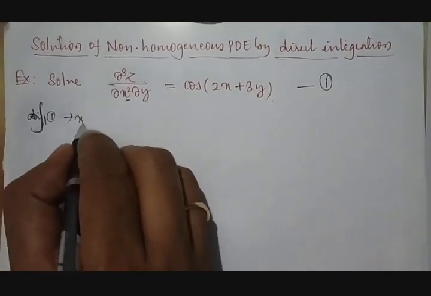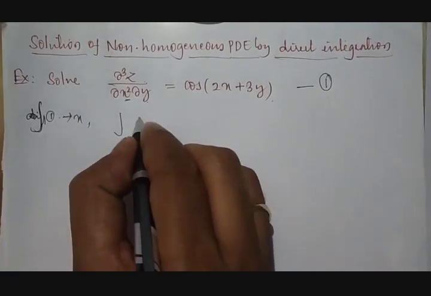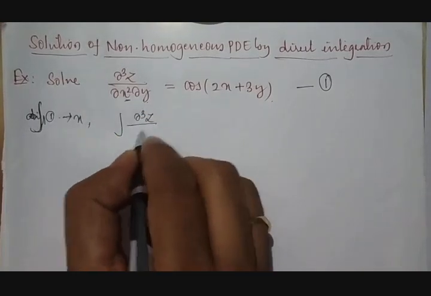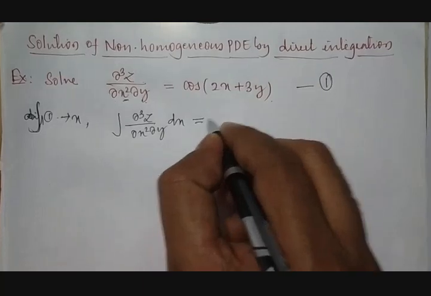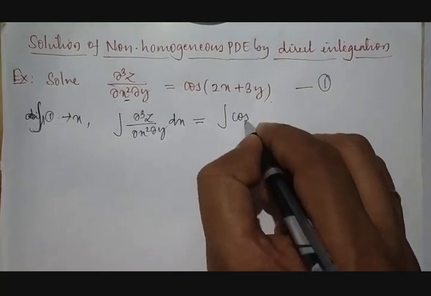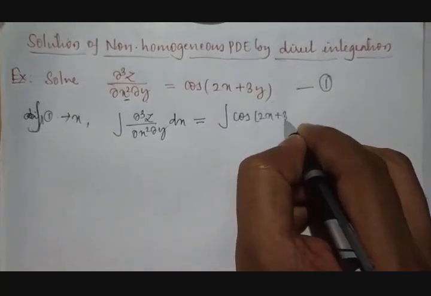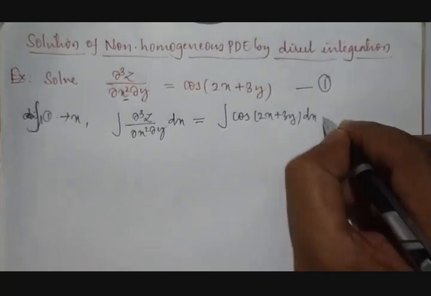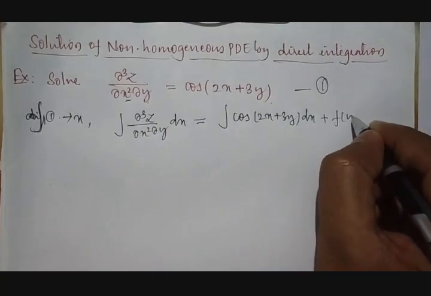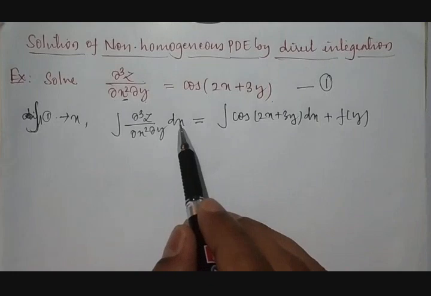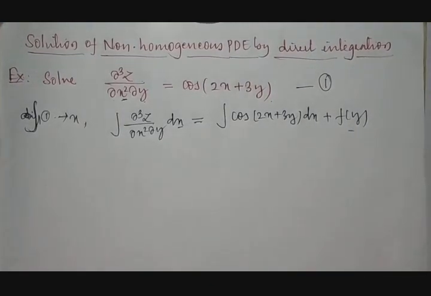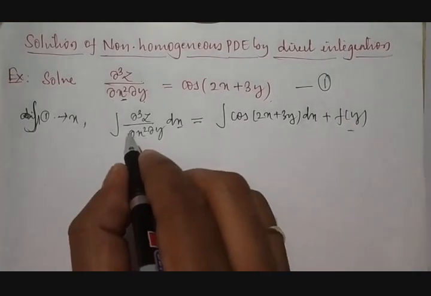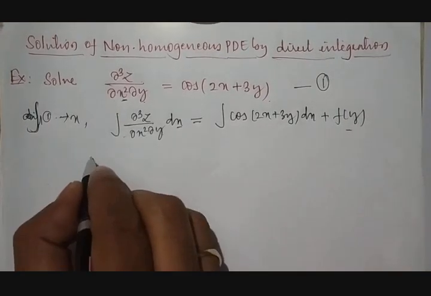So integrating with respect to x means the integration of ∂³z/∂x²∂y with respect to x is equal to the integration of cos(2x + 3y) with respect to x plus f(y), which will be the constant because we are integrating with respect to x.